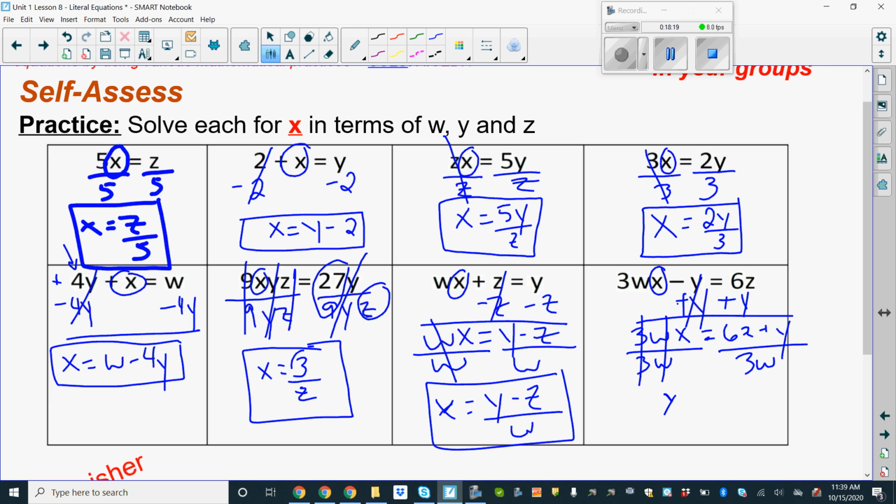So you just rewrite it as x equals 6z plus y divided by 3w. And that will be your answer. And these are literal equations, so your answers will be in terms of other variables.